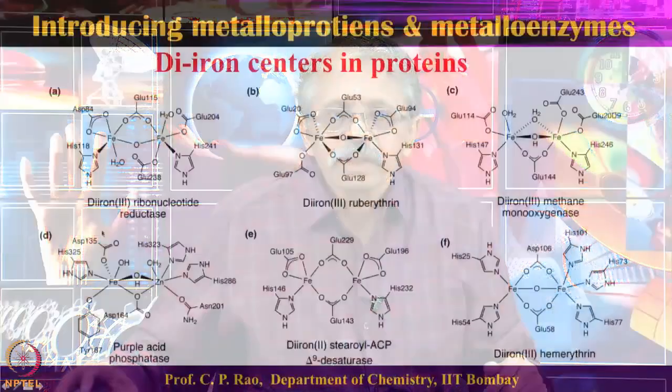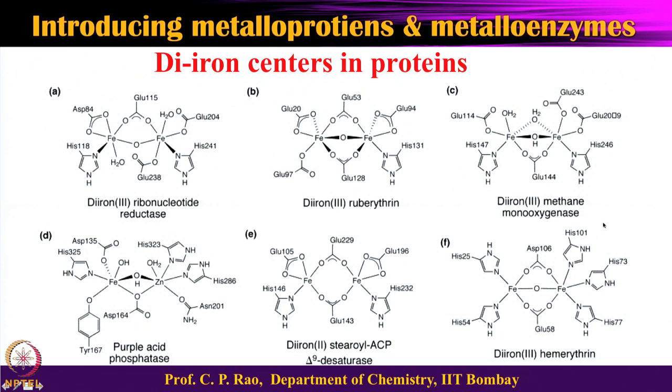Having said that, all of these are binuclear iron enzymes. Let us look at their structures, the known ones and the unknown ones. We know already methane monooxygenase, as you can see here, and we also know hemerythrin. The ones we are going to study now are ribonucleotide reductase, ribritrin, and purple acid phosphatase.